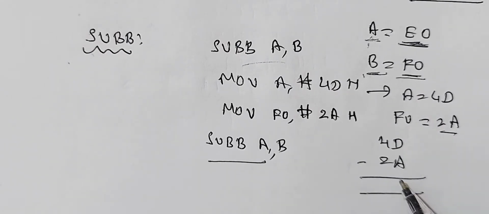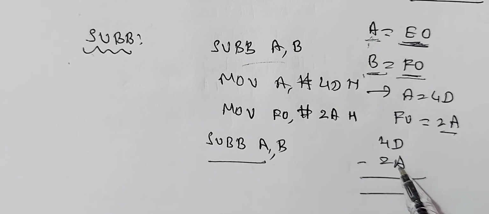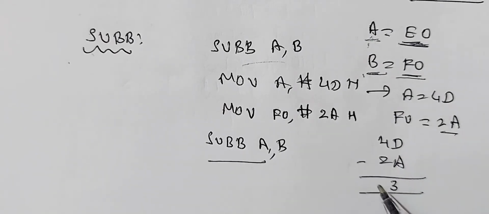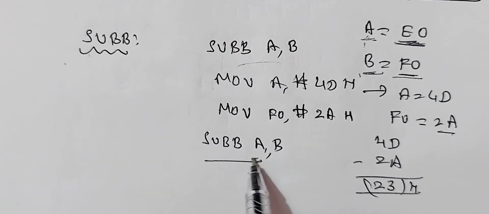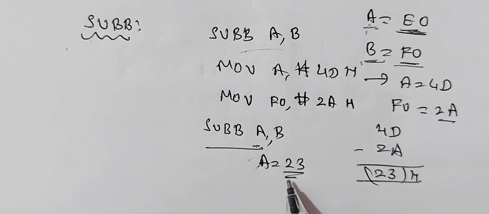D minus A. A is 10, B is 11, C is 12, D is 13. 13 minus 10 is 3. 4 minus 2 is 2. So 23H. And the final result is always stored in the accumulator only in all mathematical operations. Therefore, the result A is equal to 23.